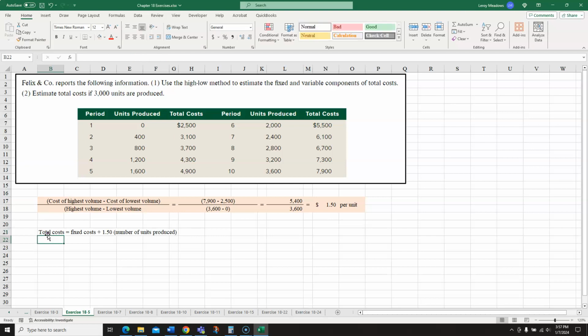My total costs at the highest level of activity are 7,900. So I'm going to put 7,900 equal to my fixed cost plus my variable cost of $1.50 times 3,600.